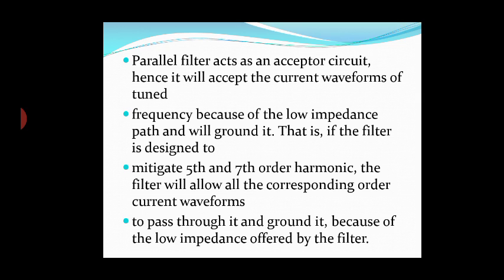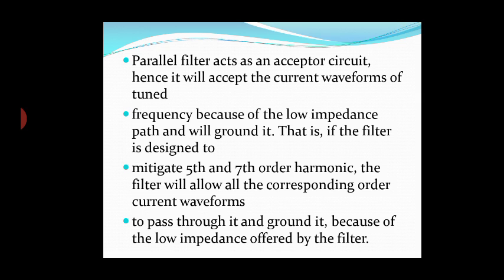The shunt passive filter is most preferred compared to the series passive filter, because the shunt passive filter can be used to compensate reactive power, and it is very cheap compared to the series passive filter. The main disadvantage of a passive filter is that it is tuned.